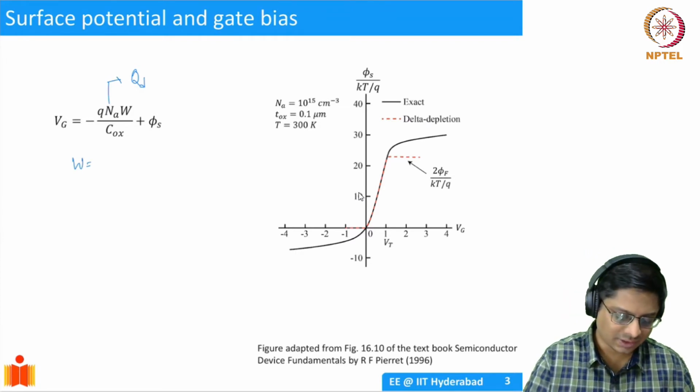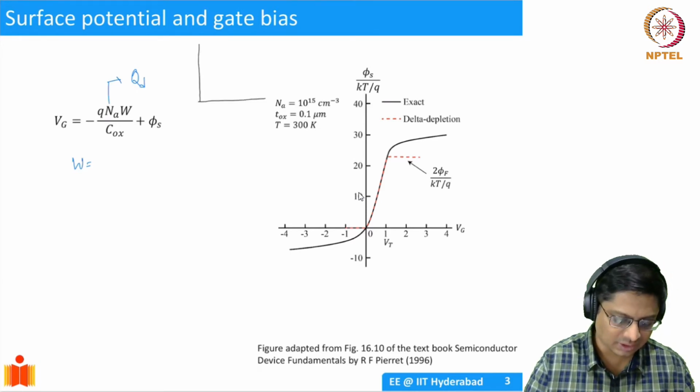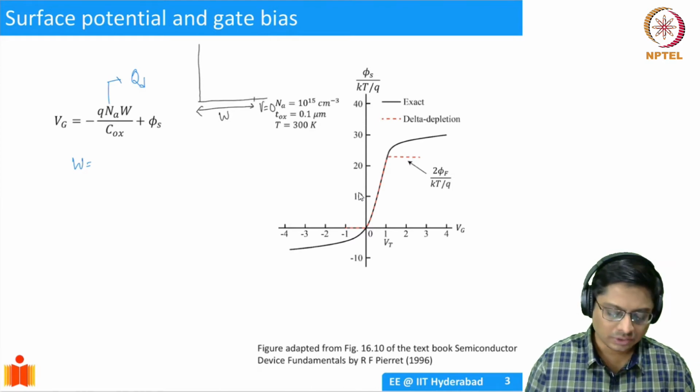Essentially, let me draw the potential diagram only in the semiconductor. Let's say in the bulk you have zero potential, and this is the width of the depletion region, right? The bulk potential is zero.